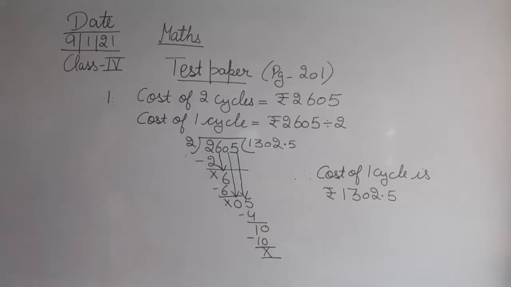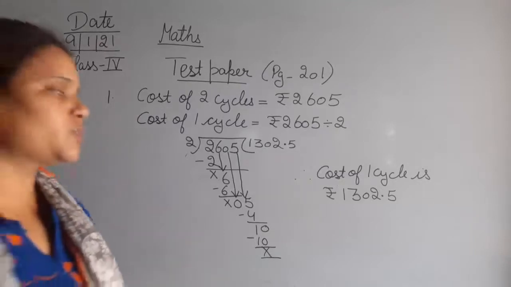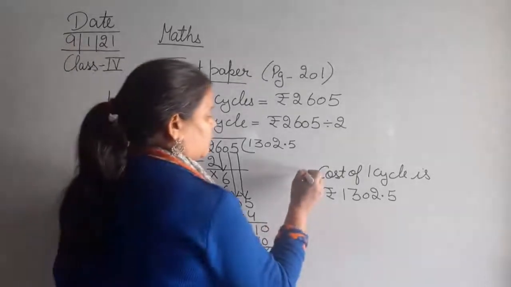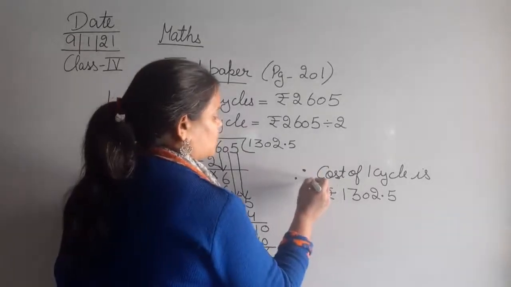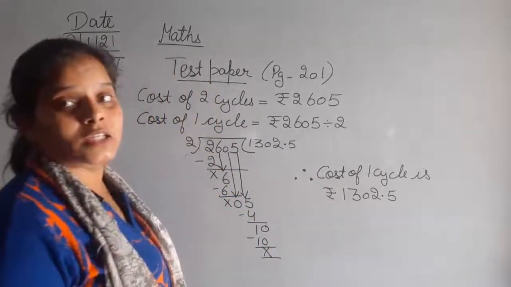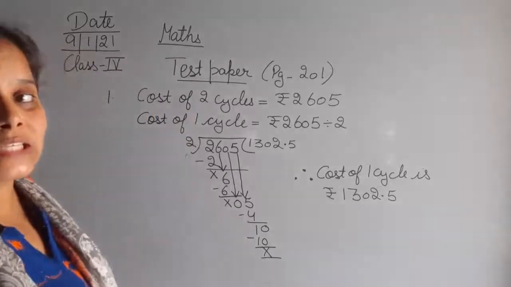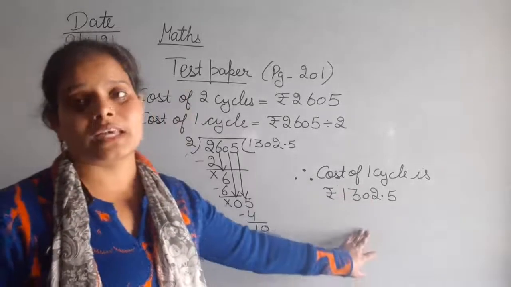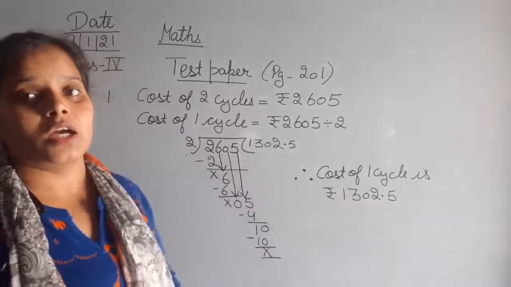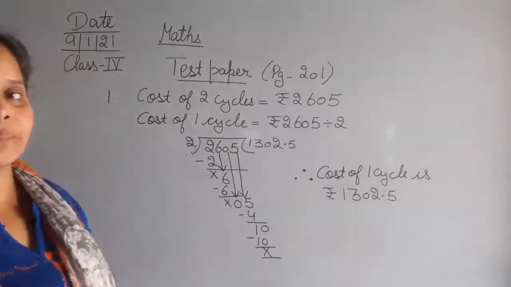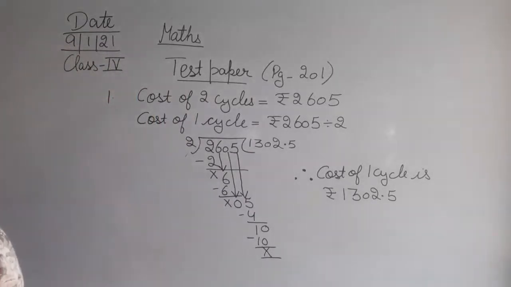So this is the cost of one cycle, and definitely you are going to write the solution sentence that I have already told you so many times, that you will always write the solution sentence. Therefore, cost of one cycle is rupees 1302 rupees and 50 paise. Okay, so this is the solution of the first sum.